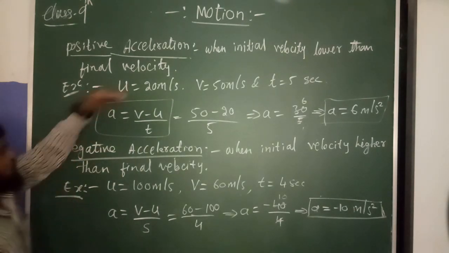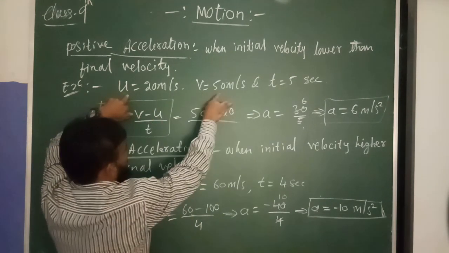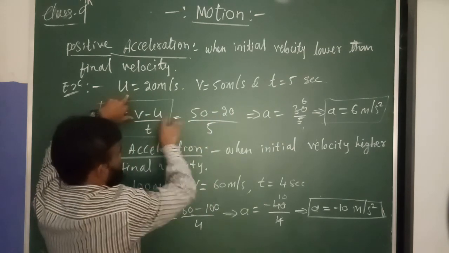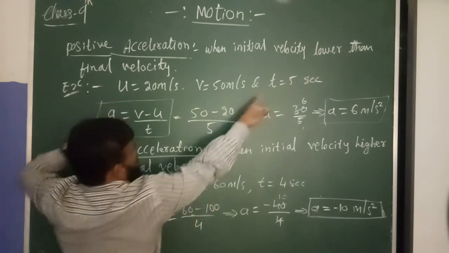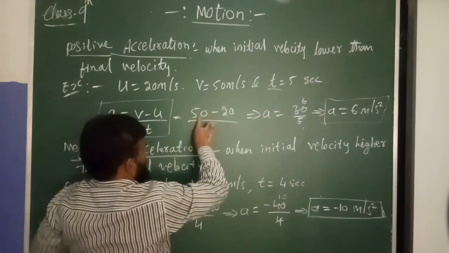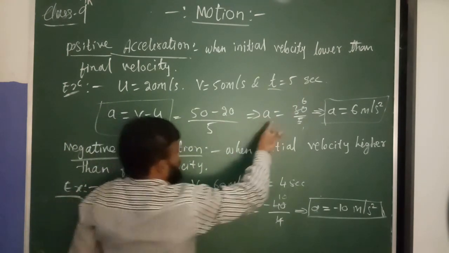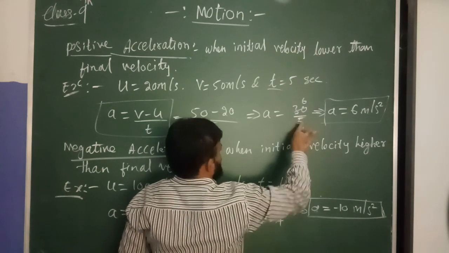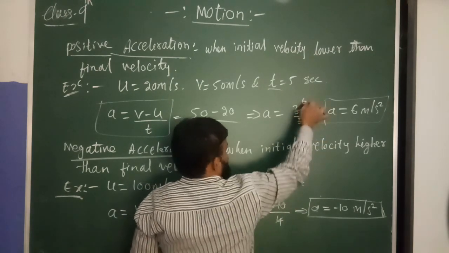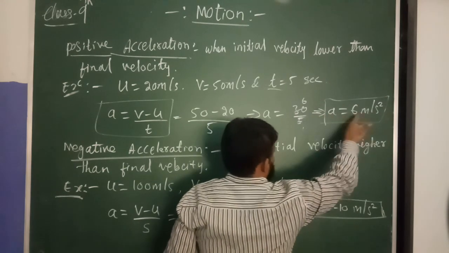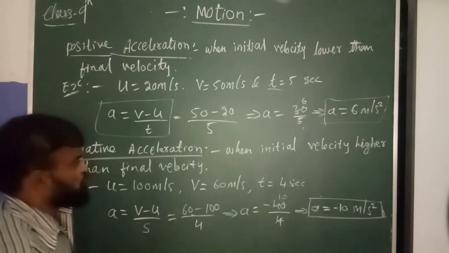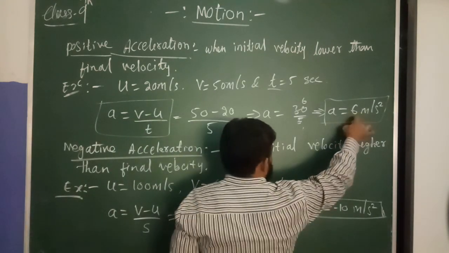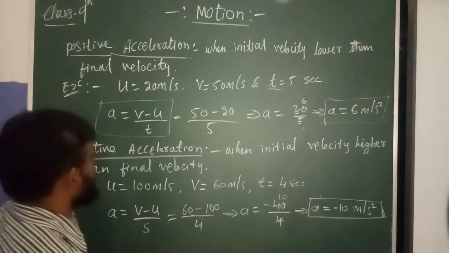So final velocity v is 50, minus initial velocity 20, divided by time, which is 5. Then 50 minus 20 is 30, that is a is equal to 30 divided by 5. We can cancel 5 on the 30, 5 sixes are 30, and we got a is equal to 6 meter per second squared. This is positive. We got a positive value only, for positive acceleration.